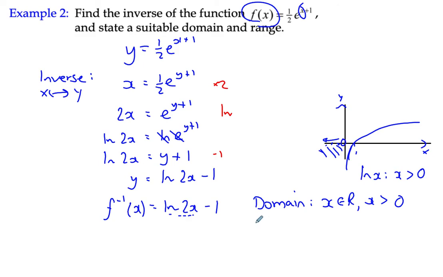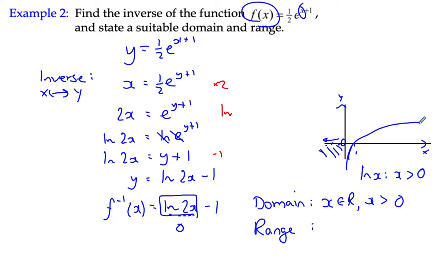Okay, what about the range? Well, let's have a look at all the possible output values. The domain has got to be bigger than 0, but the output values go from effectively negative infinity upwards.